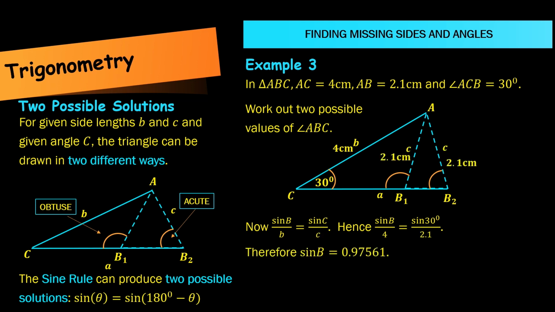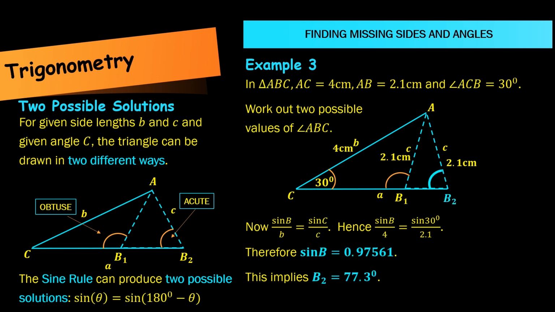And therefore, calculating on your calculator should give you sine B equals 0.97561. And if we inverse sine, we obtain 77.3 degrees. This is, of course, an acute angle, as shown.